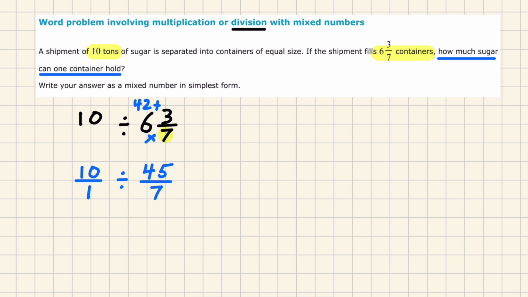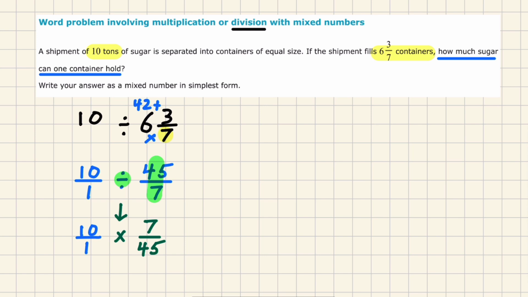So we now have fraction division, and fraction division is converted into multiplication by keeping the first fraction the same, turning division into multiplication, and taking the reciprocal of the second fraction. So moving the 7 from the denominator into the numerator, and the 45 from the numerator into the denominator.